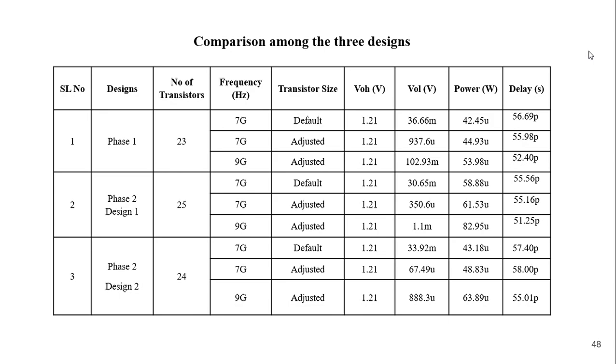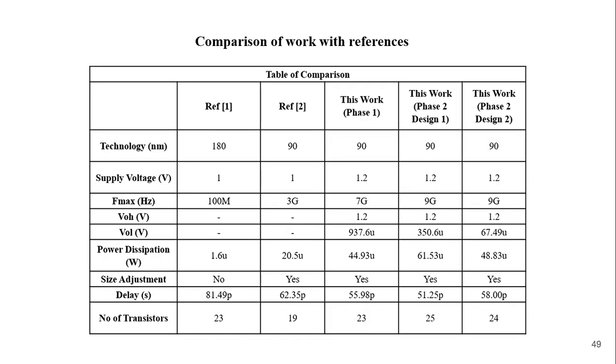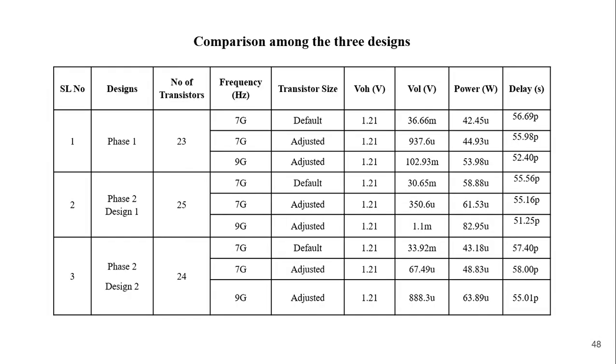If we look at this chart, we can conclude that the maximum operating frequency is achieved to be 9 gigahertz in the final 2 designs of phase 2, but the last design uses 1 transistor less than the first design of phase 2, and also the output low level of the last design is only 800 microvolt, whereas design 1 has 1 millivolt, and the main design in phase 1 had 100 millivolts.